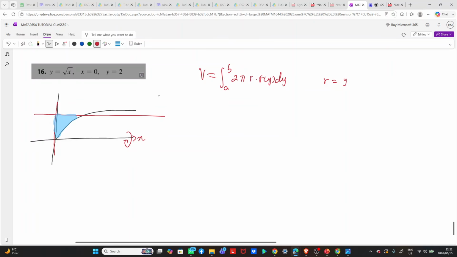Then what is going to be f of y? Observe that here we have y equals square root of x. So we need a function where x is the subject. So we have x equals y squared. That is going to be our f of y.